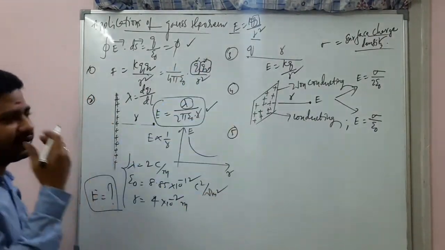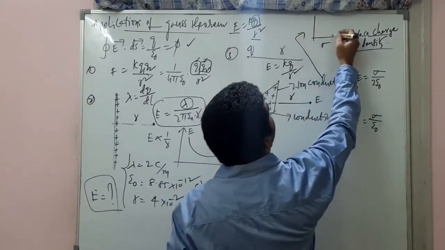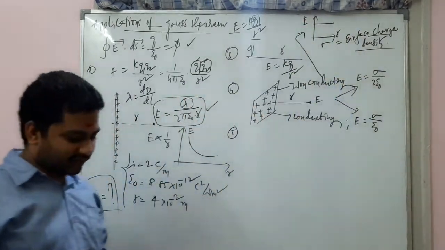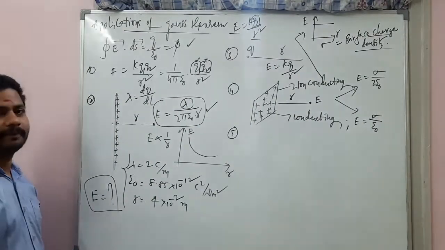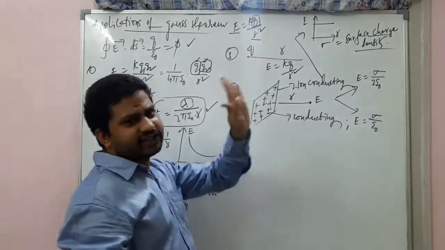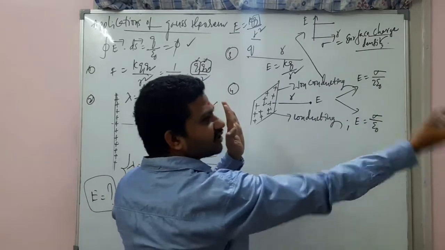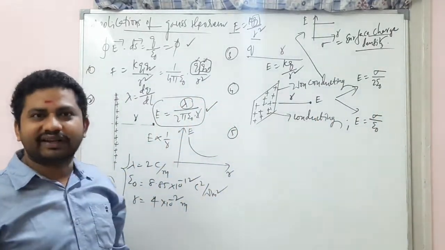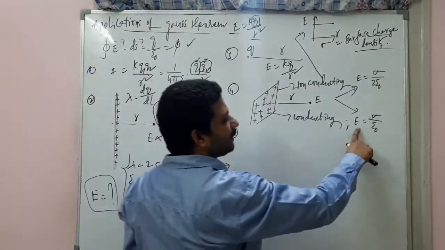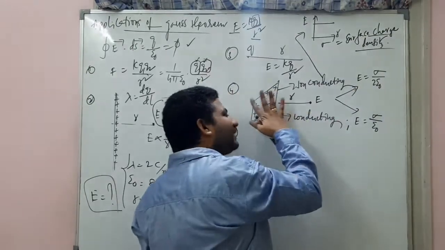Now the number 5. See how many things we are discussing. If you draw the graph between E and R for this one, this is the graph. Beautiful graph, no confusions. It is constant. Whatever the R value from this plate, at any position where you keep the point of consideration, the electric field will be constant, depending on surface charge density.